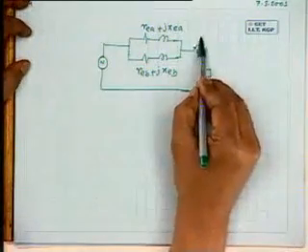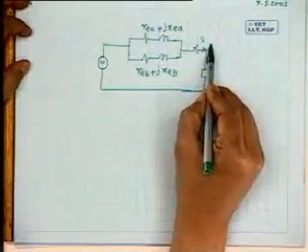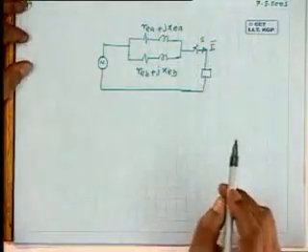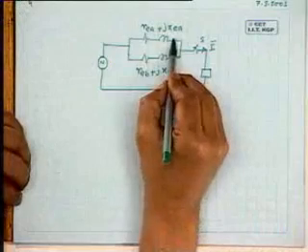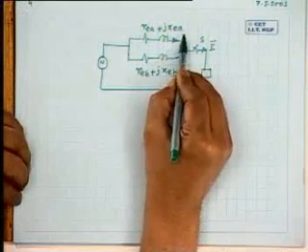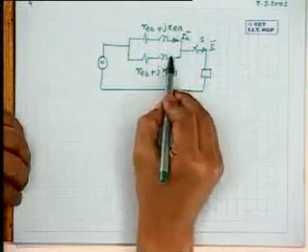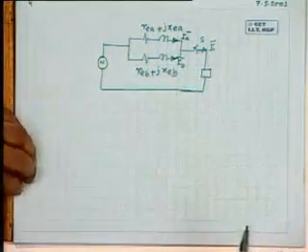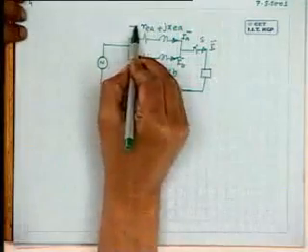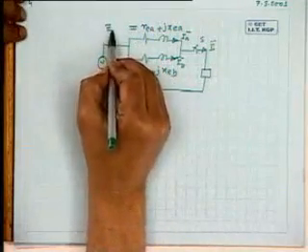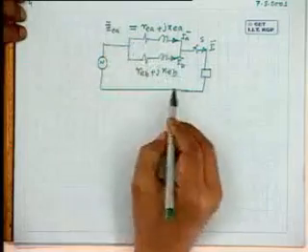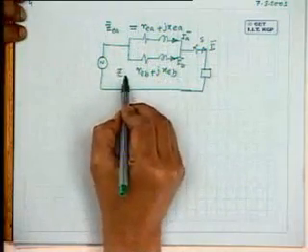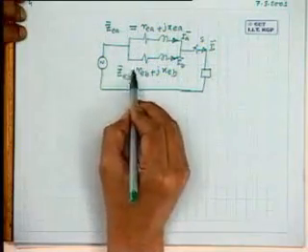Obviously, when you load the transformer, that is, with the switch closed, some current at some power factor will be delivered to the load. Let us assume at that time this current is IA bar here and IB bar in the other branch. We can call this impedance ZEA and this impedance ZEB.